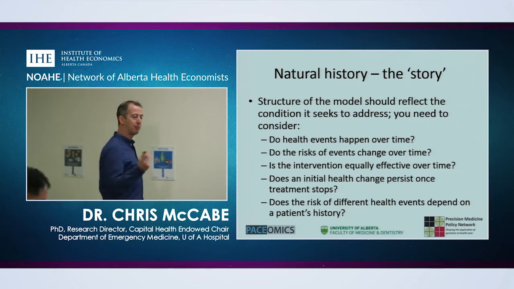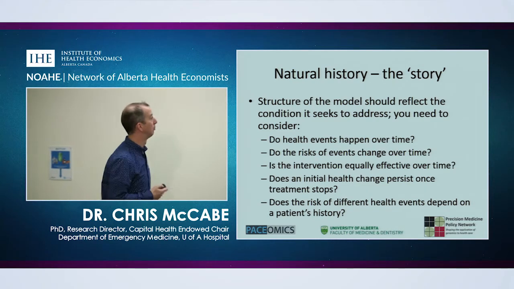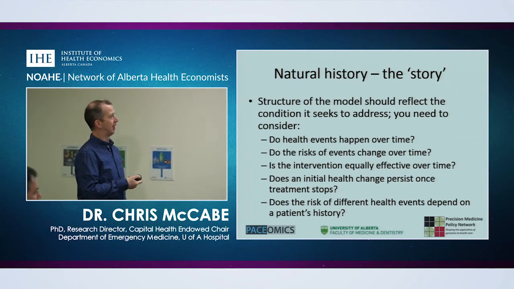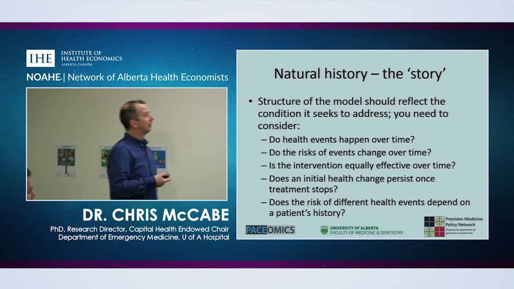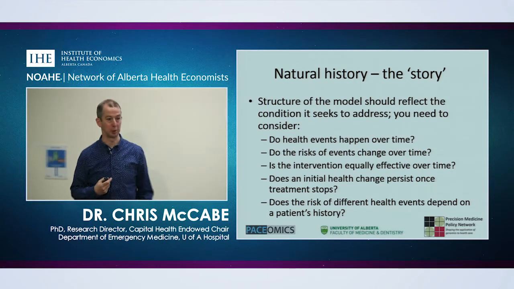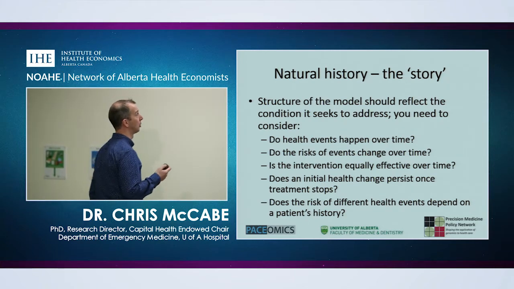Is it important to capture that in a model? It depends upon what the decision is, the decision problem you've given yourself. Is the intervention equally effective over time? Or actually are there reasons to believe that it will become less effective as we age? Do we develop resistance to it, antibodies to a technology?